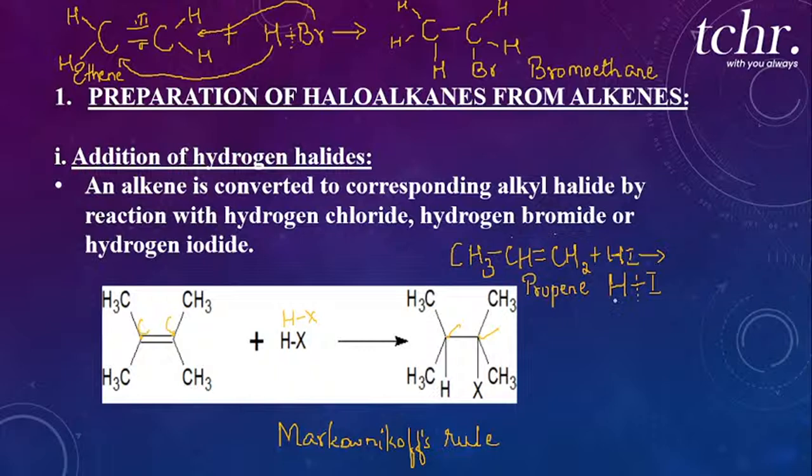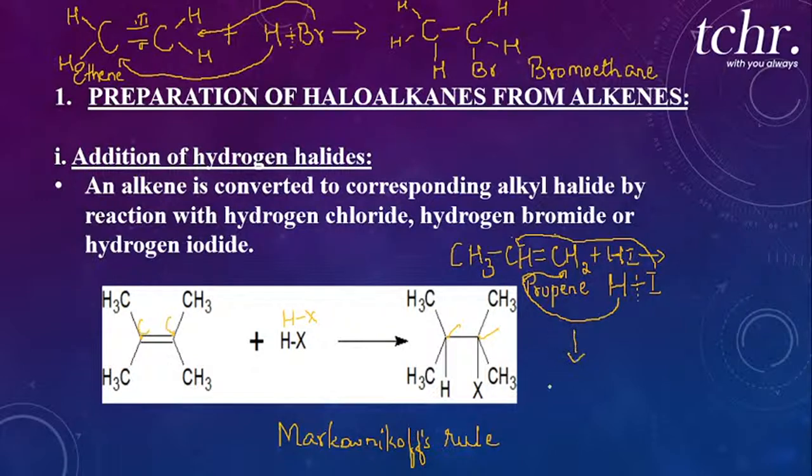Add hydrogen to the carbon atom containing the highest number of hydrogen, and add the halogen, that is iodine, to the carbon atom containing the least number of hydrogen. So you should always add the negative charge, that is I minus, to the carbon atom containing the least number of hydrogen atoms. Is that clear?